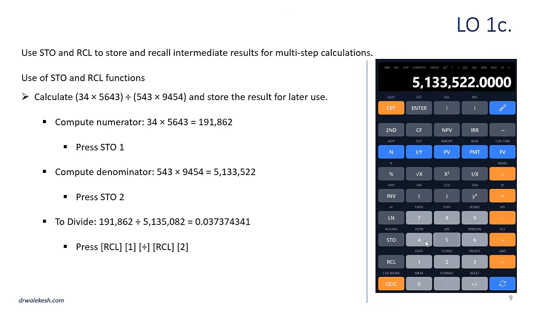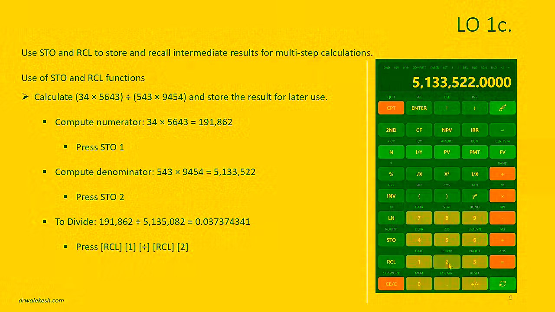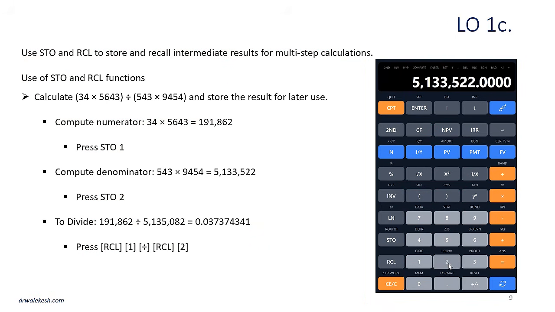We have this. So let's store this on 2. STO 2. So now it's time for us to recall. So it should be recall 1 divided by recall 2. Then we have our answer.